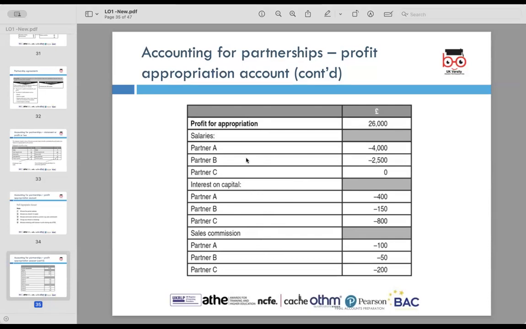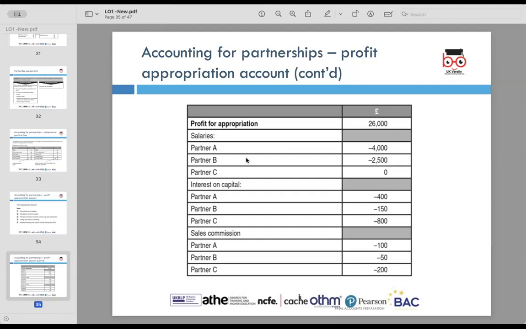So interest on capital is the return paid to partners based on their capital contribution to the partnership. Sales commissions are earnings distributed to partners based on sales performance or other specific achievements.